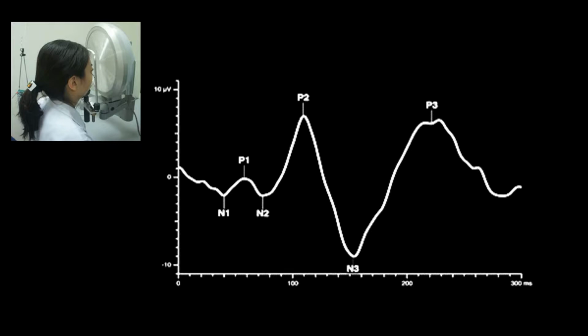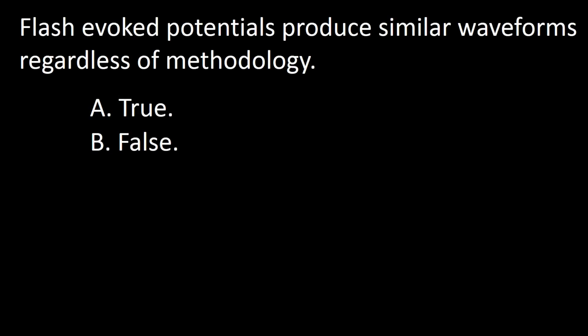And the letter N is applied to those peaks going down. The N is followed by the number that corresponds to the peak appearance in normal adults. So the answer to this question is B.